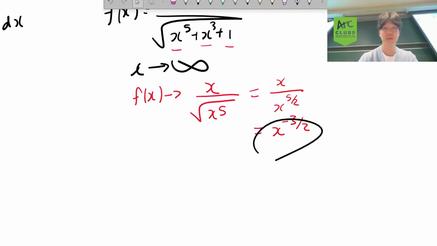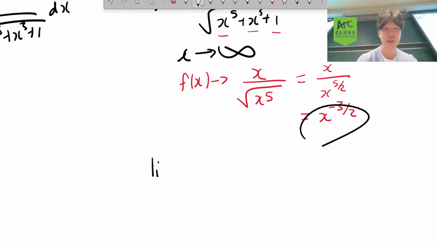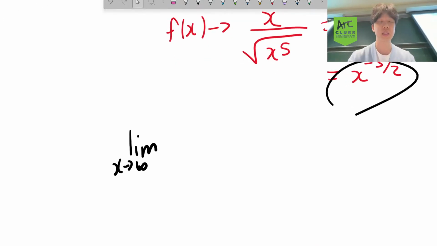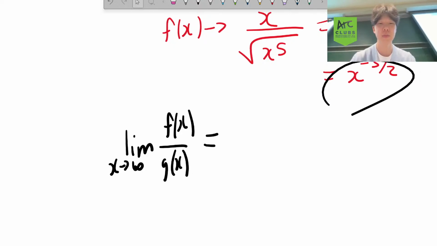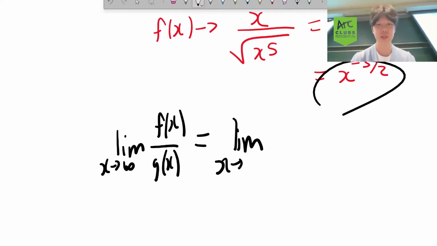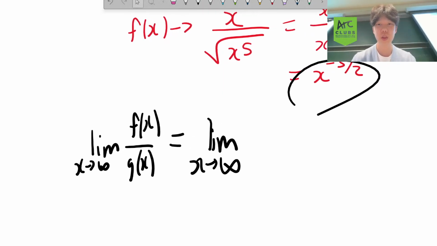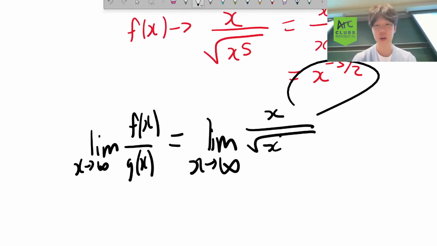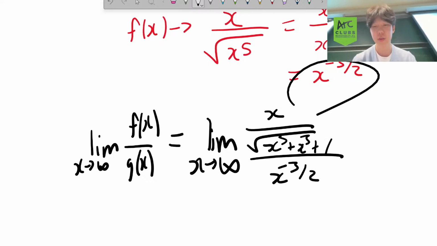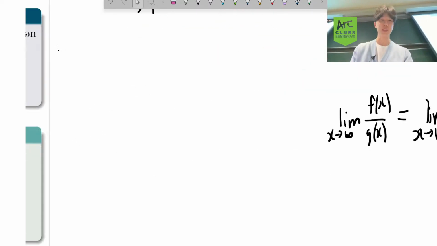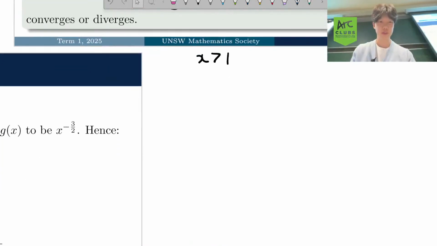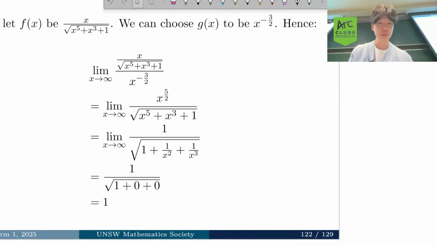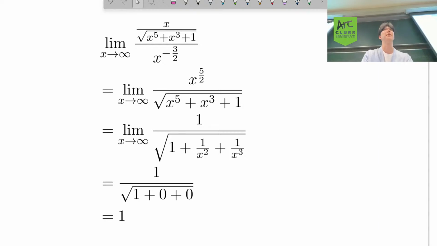After we found g of x, we can plug it into our limit test, which was the limit as x approaches infinity of f of x over g of x, which equals the limit as x approaches infinity of x over our original value, over x to the negative 3 on 2. And if we simplify this, what happens is that it becomes 1.